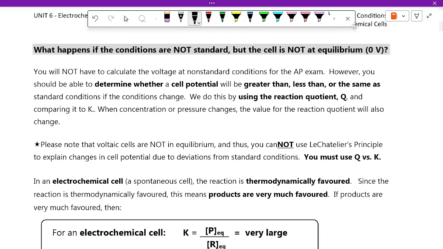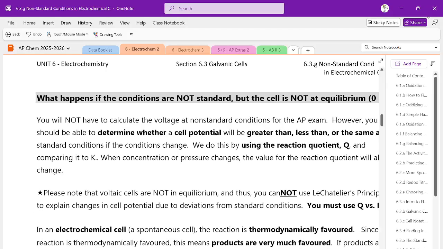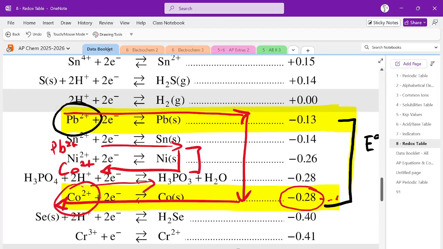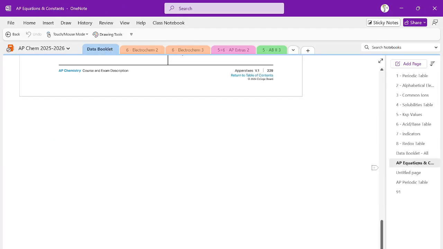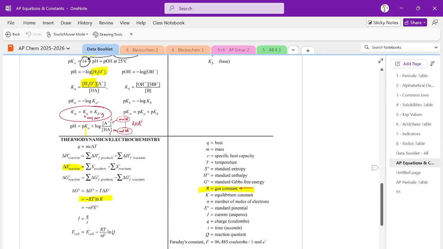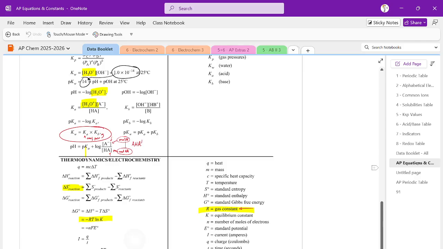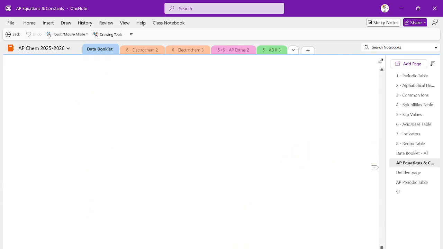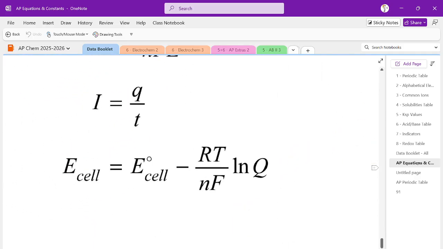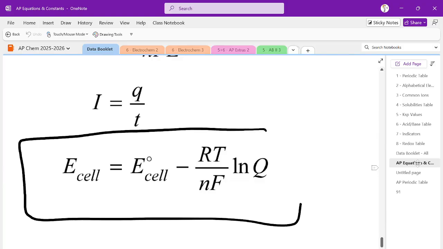Let's just take a quick look at the data sheet for AP. They actually do give you the tool to calculate it should you so desire. So at non-standard conditions, you can use this formula here to calculate the potential.